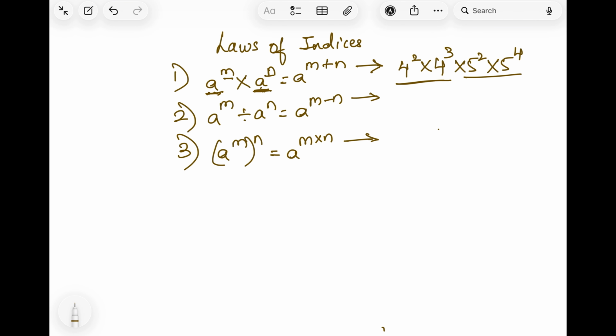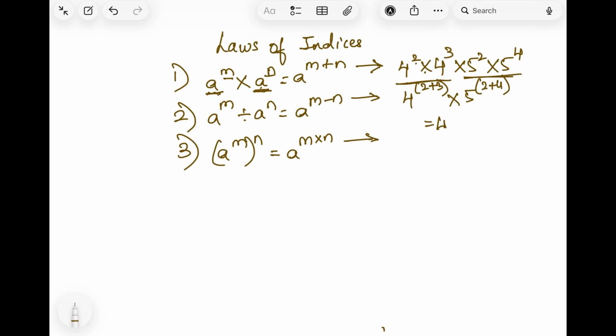The first 2 numbers have the same base, and the last 2 numbers have the same base. So we will take the first 2 numbers together. And what do we do with the powers? If the base is the same and they are in multiplication, we simply add the powers. So 4 raised to 2 plus 3 and 5 raised to 2 plus 4.